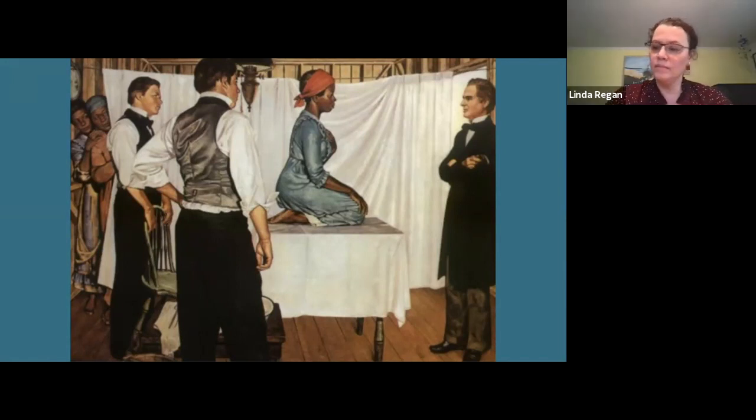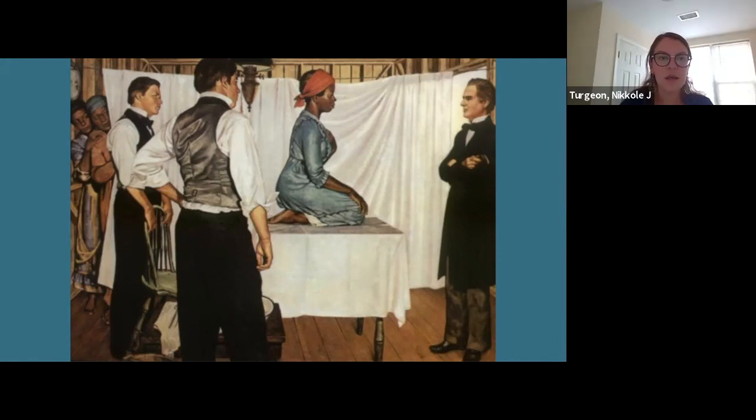Hi, yes, I was just going to add that it looks like the two women in the back also have a lot of fear in their face and are questioning what's about to happen. What I'm inferring is you would think they're wondering if the same thing is about to happen to them.